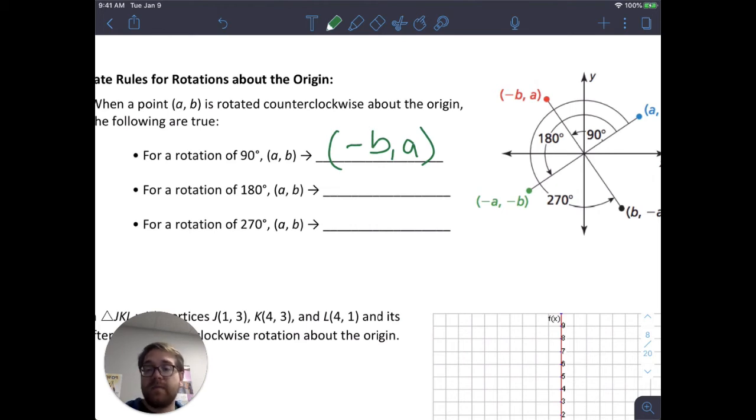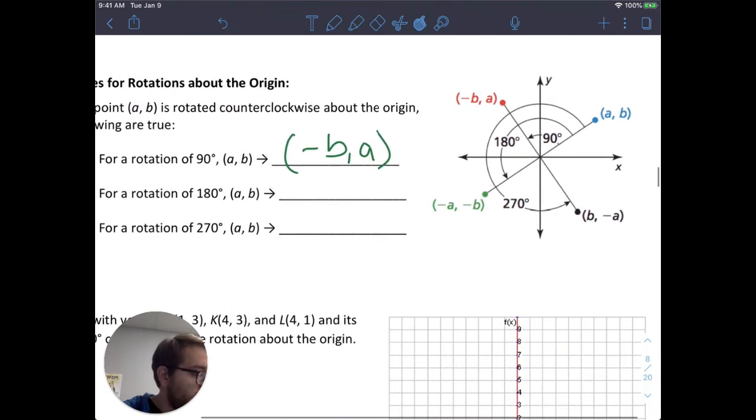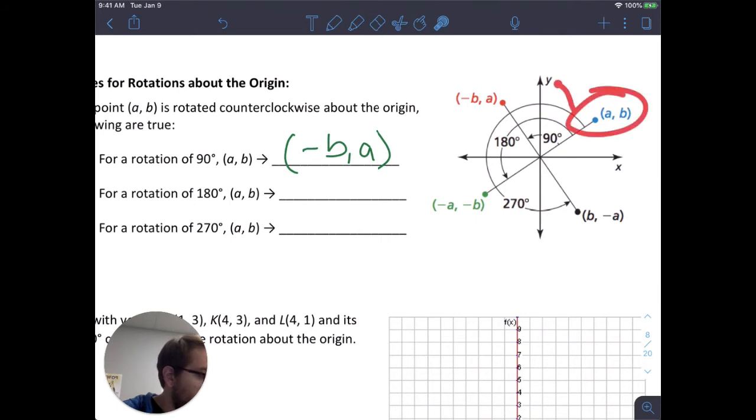Or really, what becomes the first coordinate, the original second coordinate B, gets the opposite sign. Okay? So you can see here in the figure, if you start at (A, B) and you rotate it 90 degrees, it's over here at (-B, A). And so whatever values those are, you can flip them and make that what is now your first number, with the opposite sign.